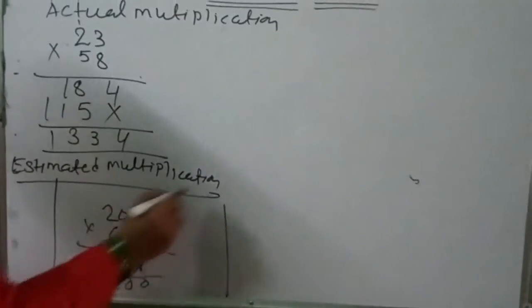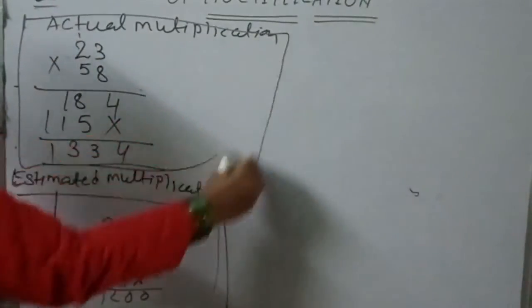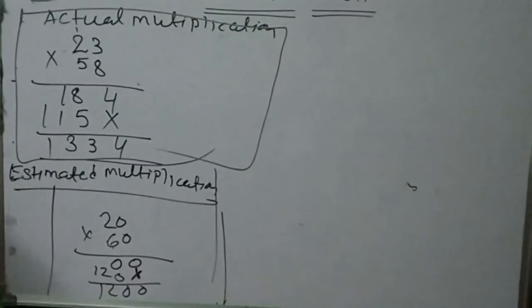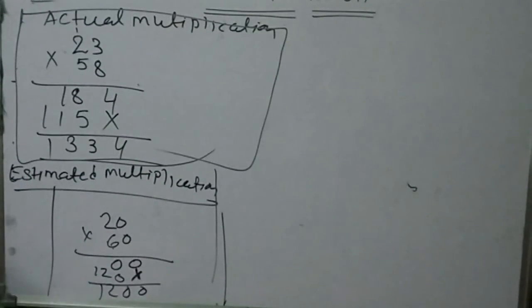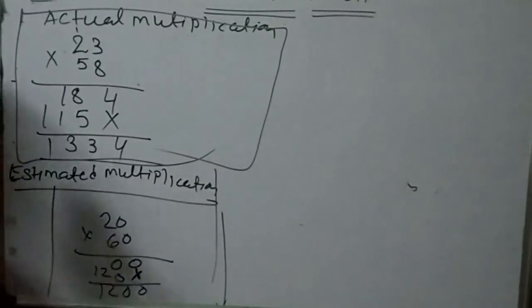Okay, this one is the estimated multiplication and this one is the actual multiplication. Now, the second one is to find the estimated product and actual product by rounding to the nearest 100.